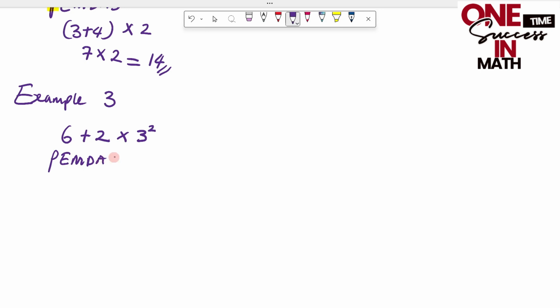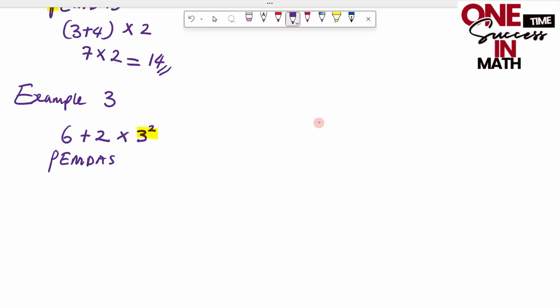PEMDAS. I like writing it down first so that it will guide me on what to do in solving any math equation. First, do we have parentheses? No. Do we have exponents? Yes, we do. And that is our number 3.